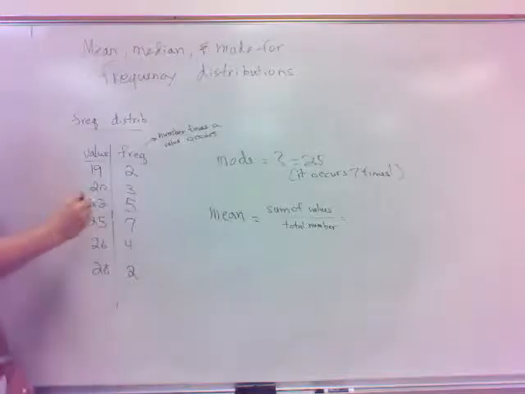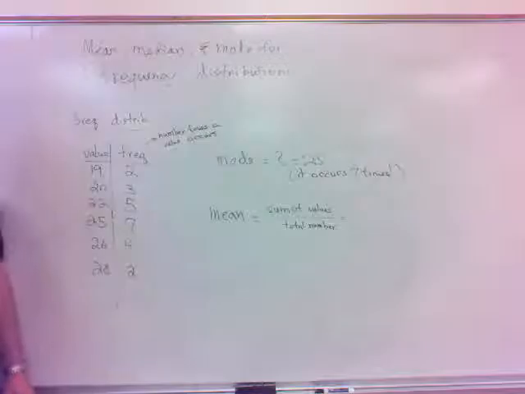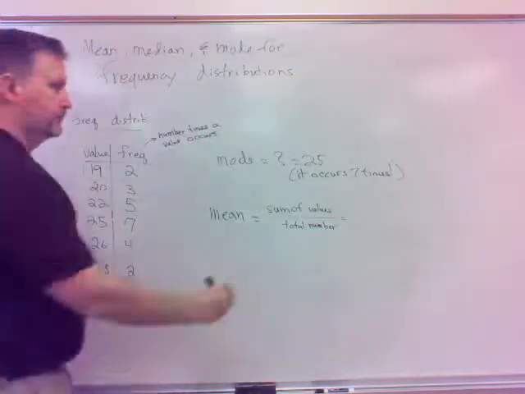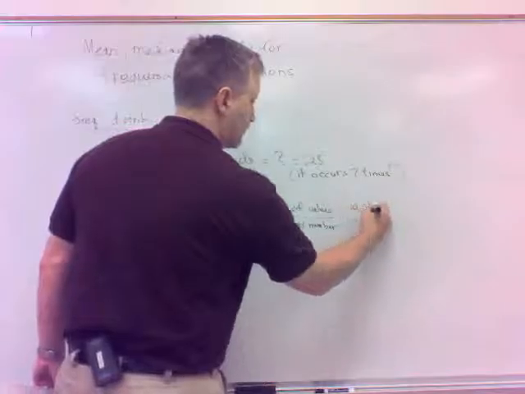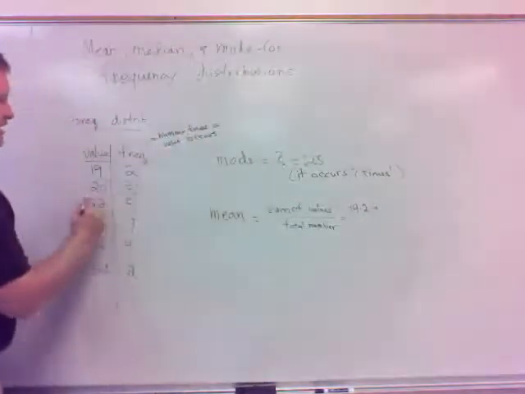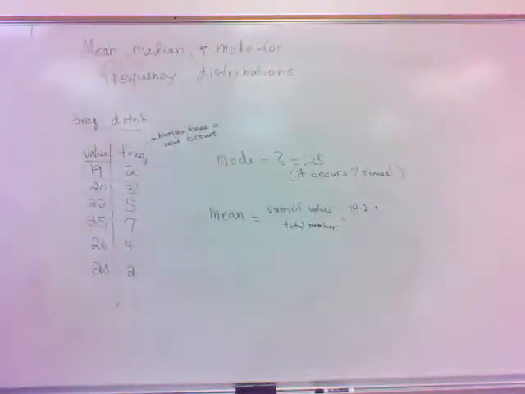Wouldn't an easier way to do it be this? Like I said, it's 19 and 19, so couldn't I get that by doing 19 times 2? And then for the 20s, couldn't I get the total there 20 times 3?